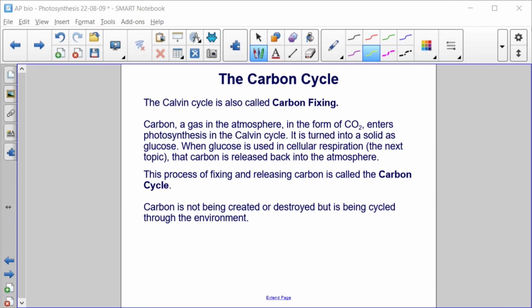It is turned into a solid as glucose. When glucose is used in cellular respiration, the next topic, that carbon is released back into the atmosphere. The process of fixing and releasing carbon is called the carbon cycle. Carbon is not being created or destroyed, but is being cycled throughout the environment.